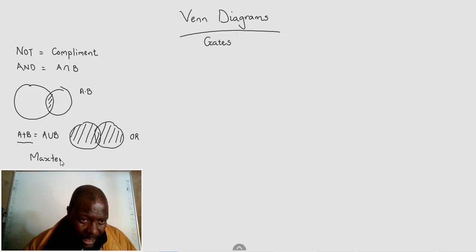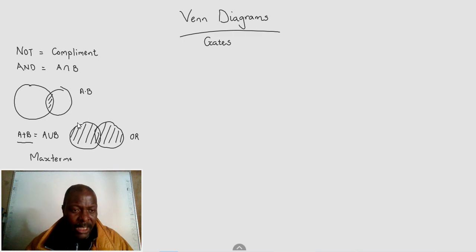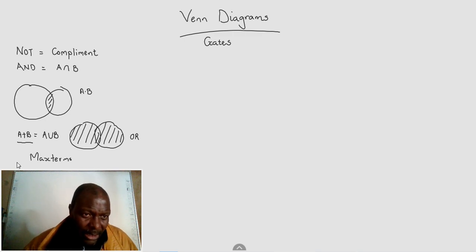They are terms of the maximum set, because as you can see, it includes everything. It is the biggest possible scenario between A and B. That's why we call it max terms. The sum terms, the OR terms, are referred to as max terms.